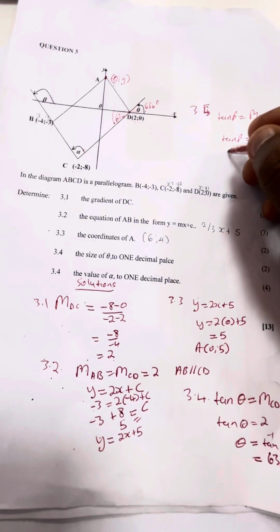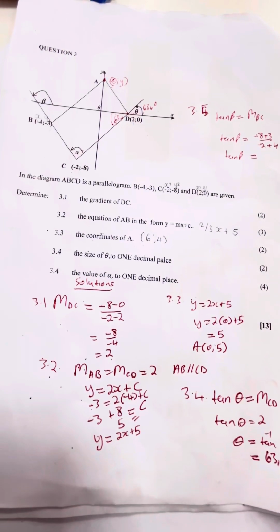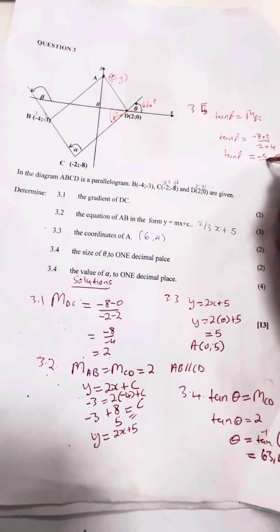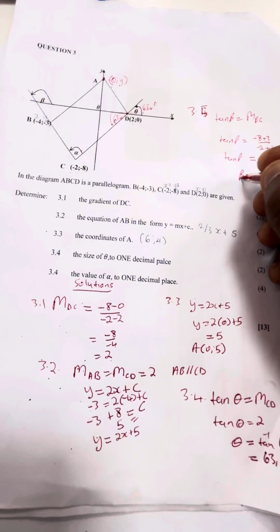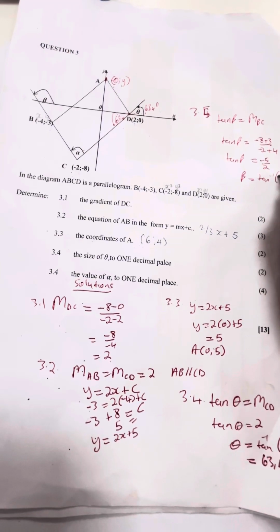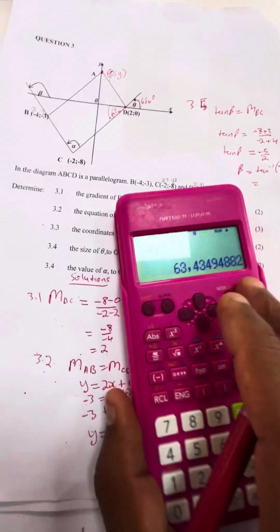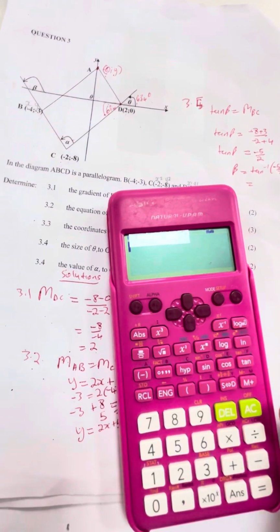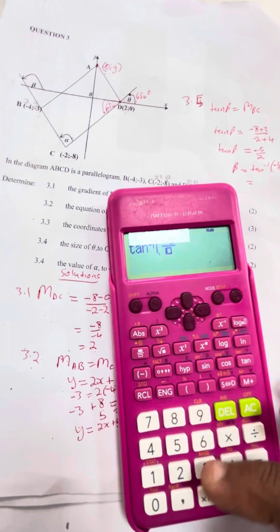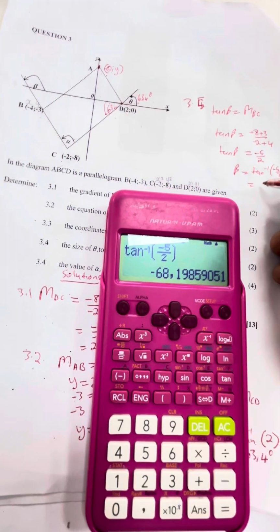When you use your calculator, you're going to get negative 5 divided by 2. So our beta will be equal to arctan of negative 5 divided by 2, right? Let's use our calculator: arctan negative 5 divided by 2, close bracket.